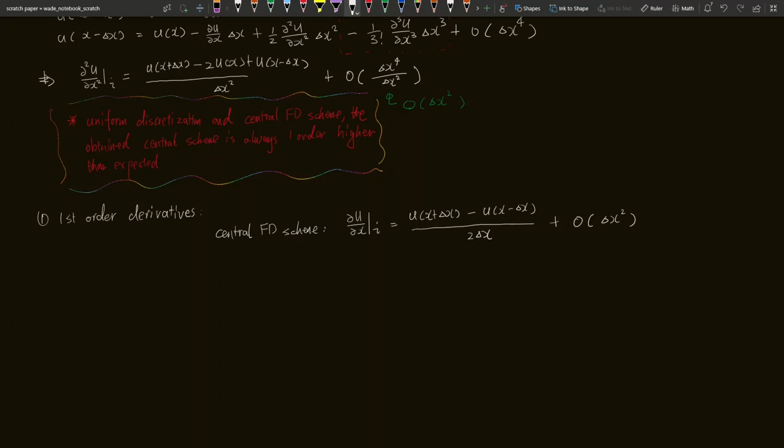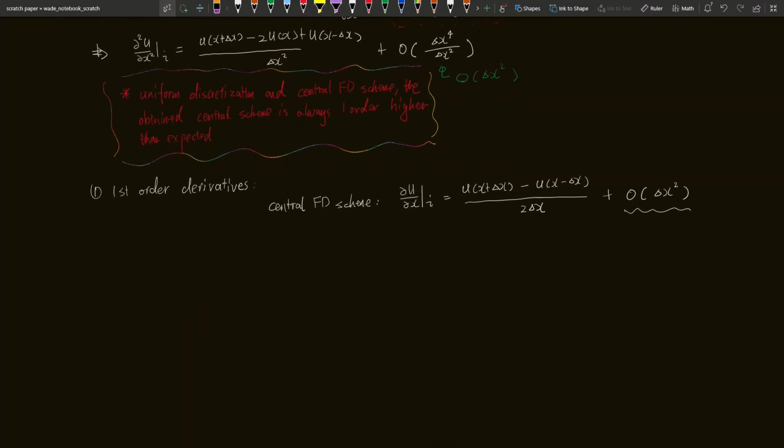The order of accuracy for this central scheme of first order is second order accurate, where the originally designed accuracy for this scheme is 1, so it's upgraded to second order accurate. We approximate i in the middle of 2 neighboring points, so we take information from all its surroundings.